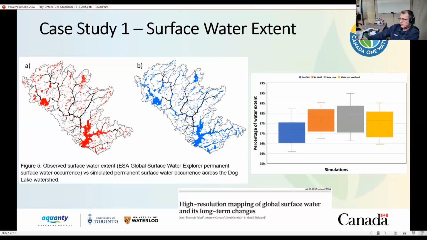And panel B, this is the modeled surface water extent. And when we do some statistical evaluation of surface water inundated pixels in our model versus surface water inundated pixels in the Landsat imagery, we can see with various renditions of the model, we get close to, but not quite at 100% of the surface water representation.